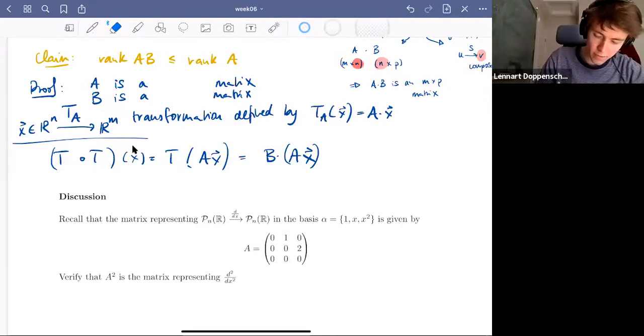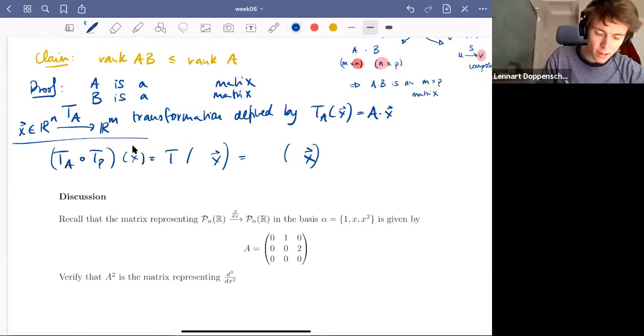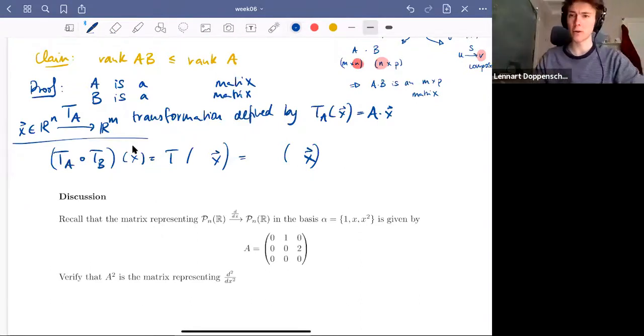So the important point here is that if I have two matrices, oh, okay, now I see why. I wanted to have A on the outside. So if I have two matrices, A and B, and they have the right sizes so that they're composable, then the transformations T_A and T_B will be composable.